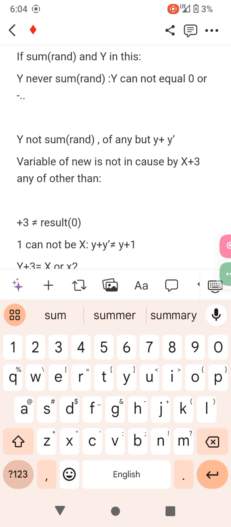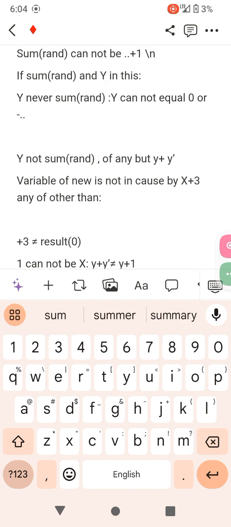So if y not some random of any but y plus derivation of y, meaning y whatever, variable of nu is not in cause by x plus 3, any other than following reasoning. Why does this make sense?